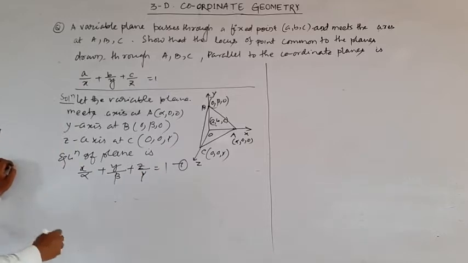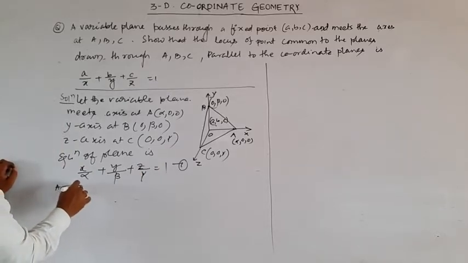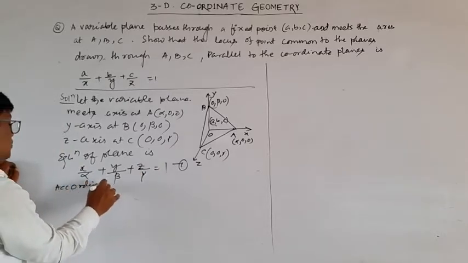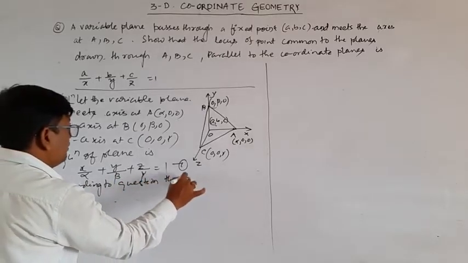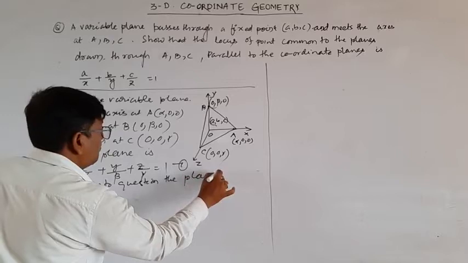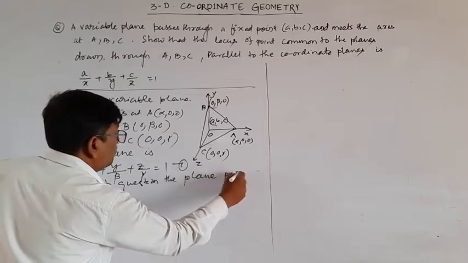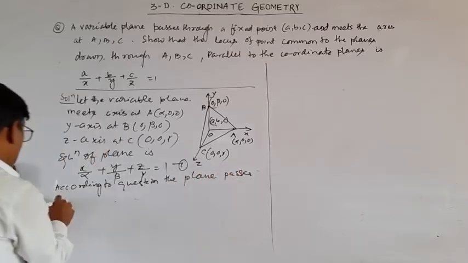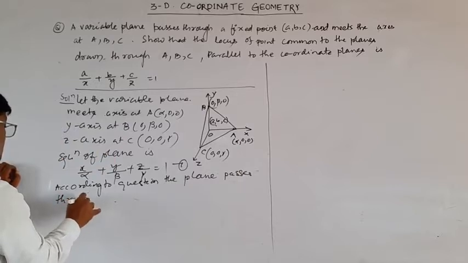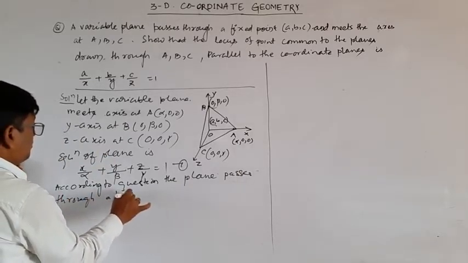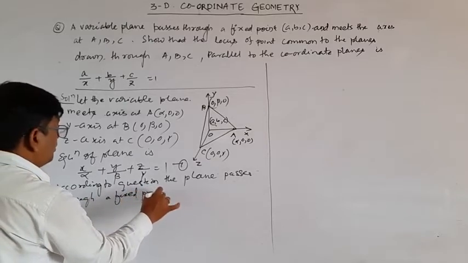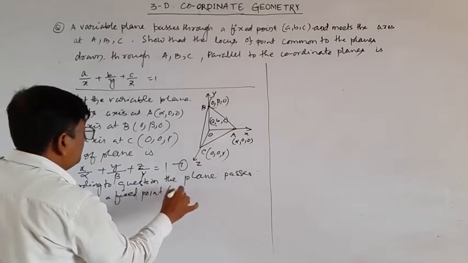According to the question, the plane passes through a fixed point, that is (a, b, c).